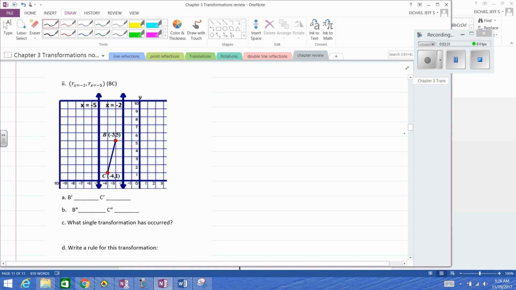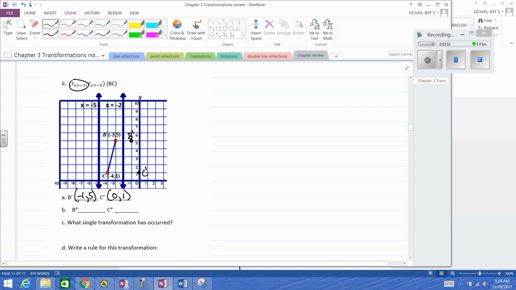Next one is pretty similar. I think the same thing's going to happen here. So first, what's weird is you're going to reflect over x equals -2. So we're going to head this way. There's B prime. 2 away, there's C prime. That looks to be -1, 5, and 0, 1.